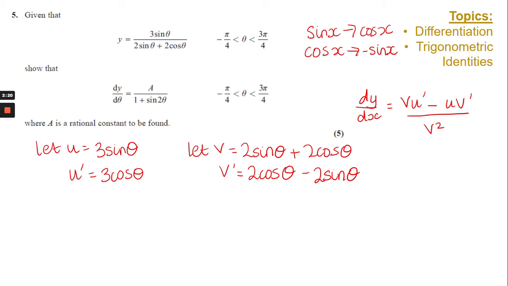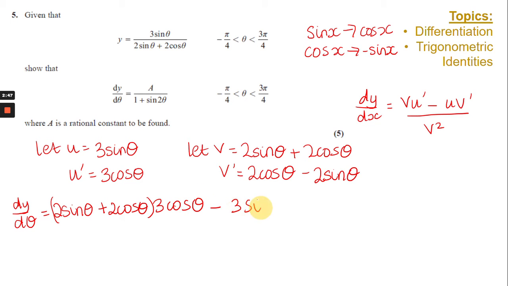Now to get dy d theta, I'm going to apply my quotient rule over here. So this tells me v, which was 2 sine theta plus 2 cos theta, multiplied by u dash, which was 3 cos theta, minus u, which is 3 sine theta, bracket, multiplied by v dash, which is 2 cos theta minus 2 sine theta.